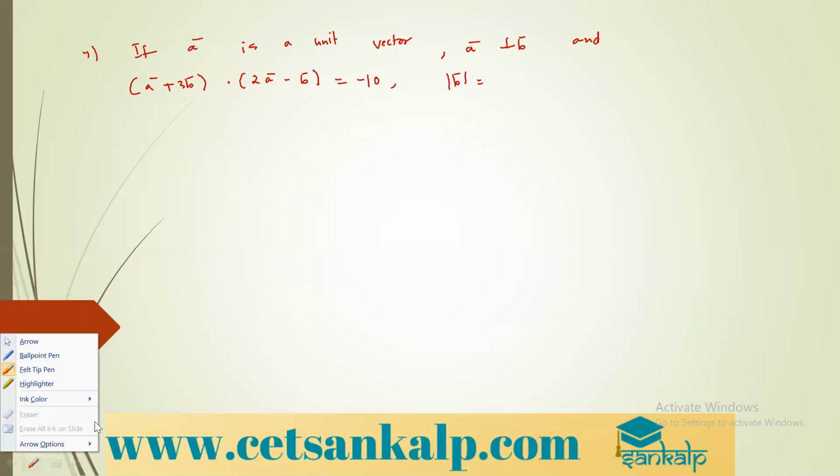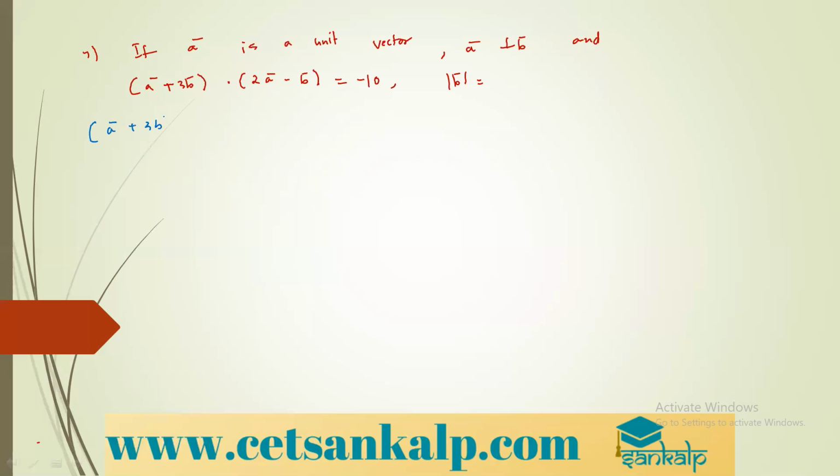So using the information which is given, we will try to get the answer. First of all, (A + 3B) · (2A − B) is given as −10.